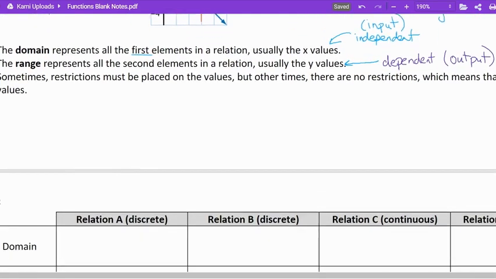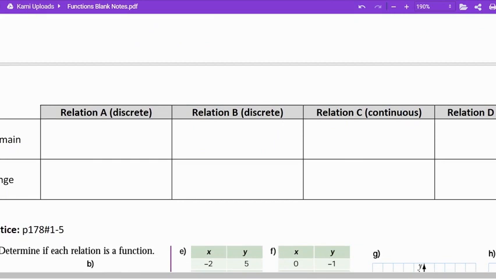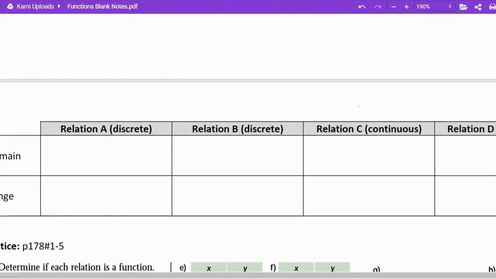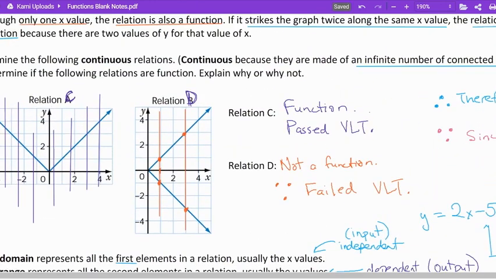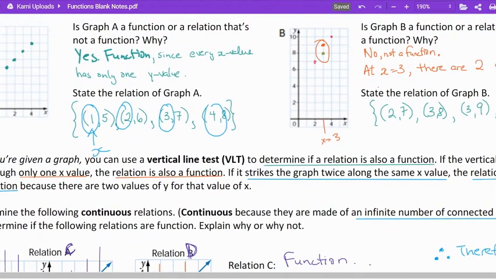Okay, so let's remind ourselves how it is that we write domain and range. So in this table on the next page, we will be listing the domain and range for each of the first 4 functions we looked at. So the first function was the discrete function, and that was our set of ordered pairs. This one.